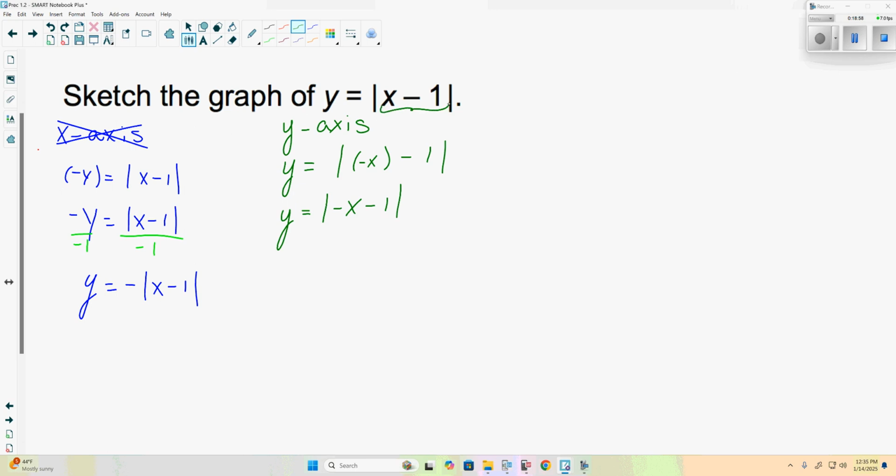Absolute value of x minus 1. Here we have negative x minus 1, yes? Now there are some ways to manipulate it, in that I could factor a negative 1 out to try to get that x back positive. And it does make it positive, but now we have what? Plus 1 instead of minus 1. No matter what we do from here, that's not the same equation. So we can't say it's symmetric with respect to y.